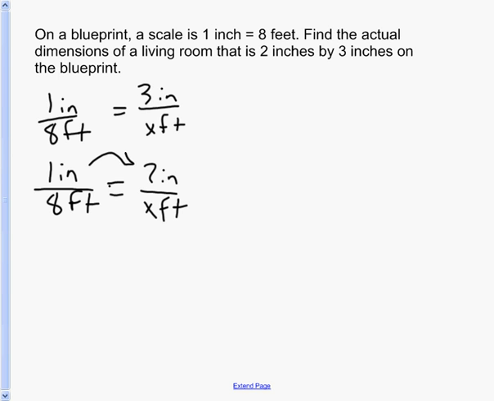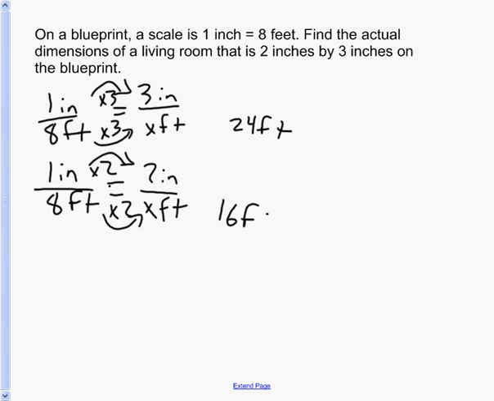This one we see we're multiplying by 2 on the top, so we're multiplying by 2 on the bottom. On the top one we're multiplying by 3, so multiply by 3 on the bottom and we get 24 feet on top and we get 16 feet on bottom. So if we match it up just how they gave it to us, 2 by 3, we're going to have 16 feet by 24 feet.